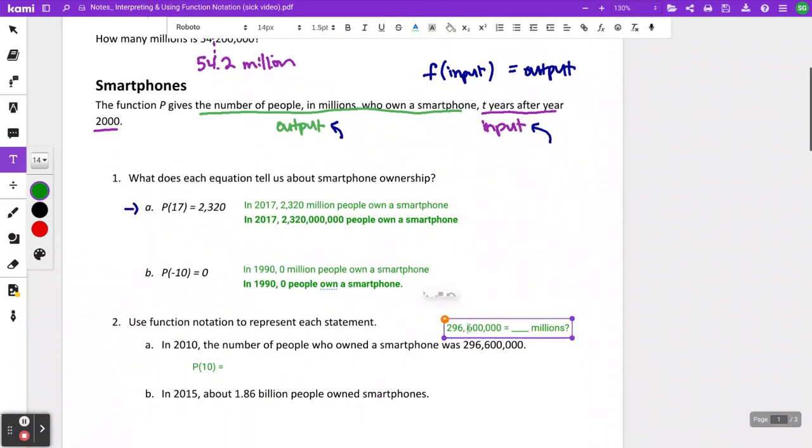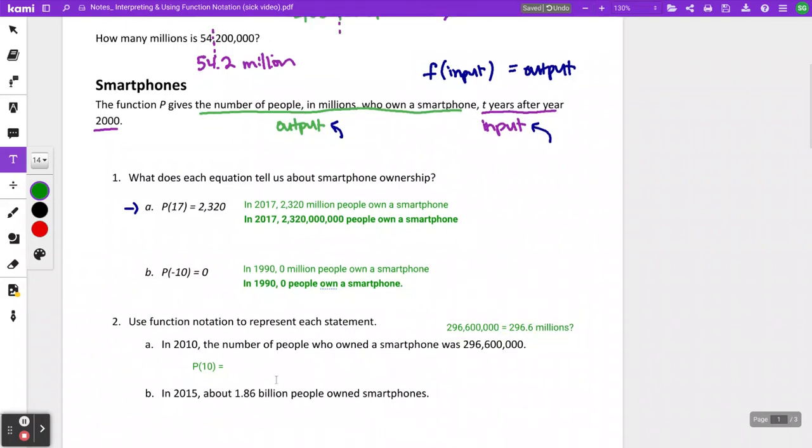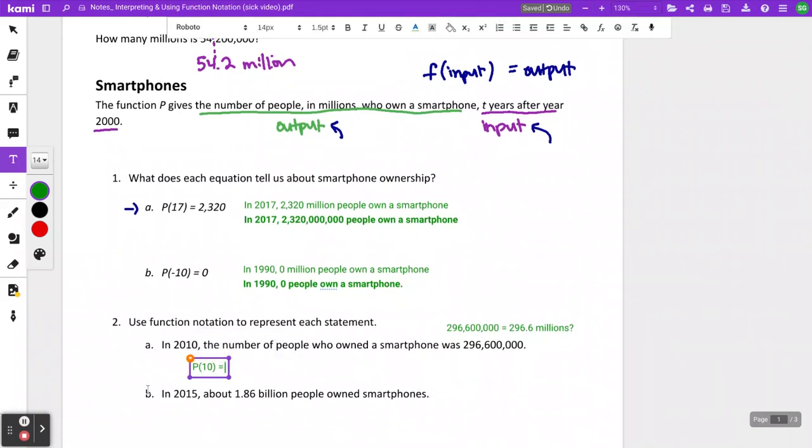This right here is going to be similar, where that second comma right here is where my number for million starts. So we're going to say 296.6 million. Our output in this one right here is going to be P of 10 equals 296.6 because that output represents how many millions.